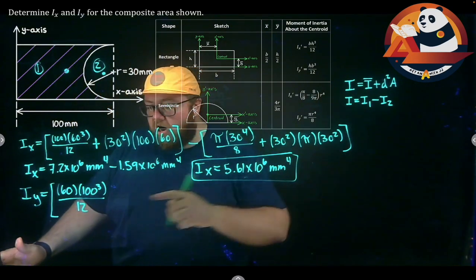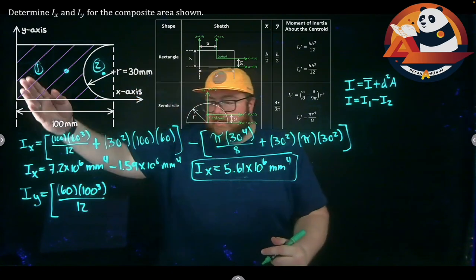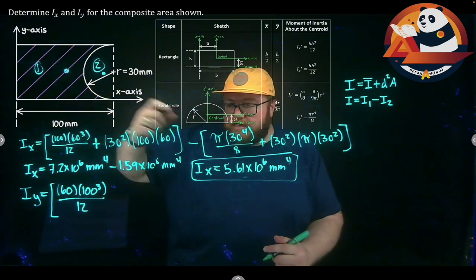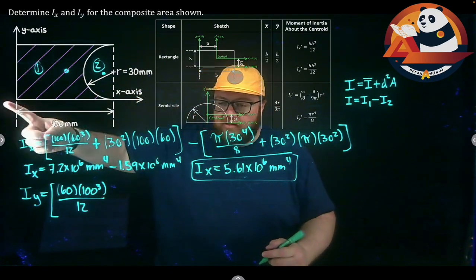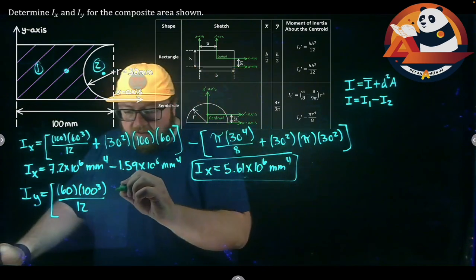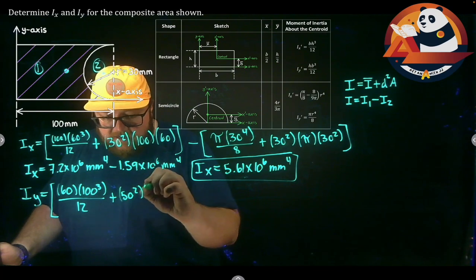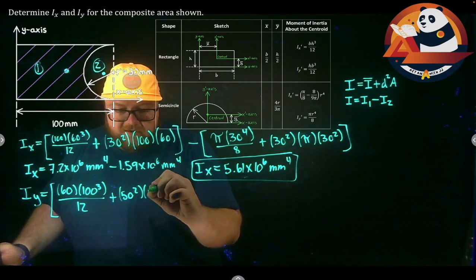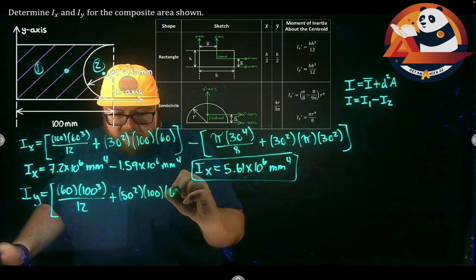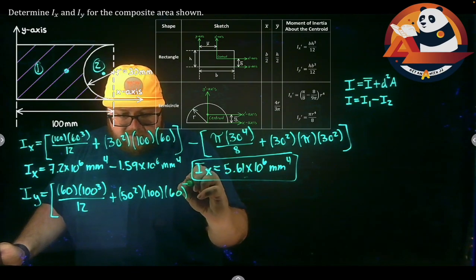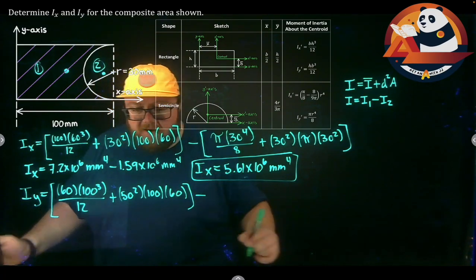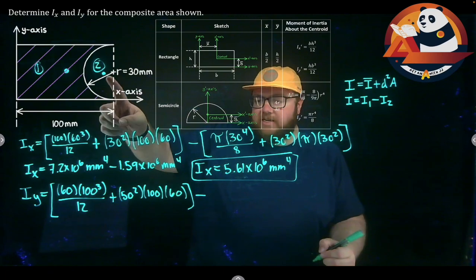That's my I bar for the rectangle, plus my distance from the y-axis to the centroid would be half of the height here, half of 100, so 50, d squared times the area, 100 times 60, minus my moment of inertia for the semicircle.